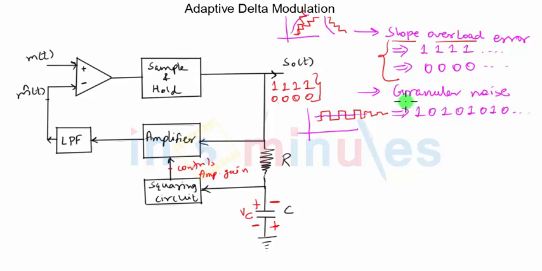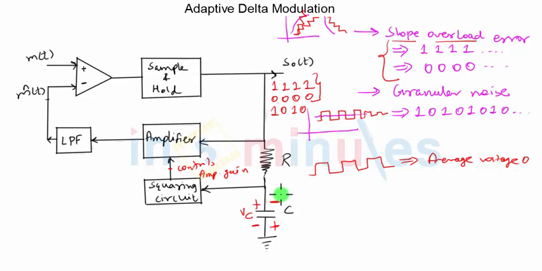In a case where granular noise is taking place, the output will be a continuous occurrence of alternate ones and zeros. So this means you have a positive pulse coming and then a negative pulse coming, positive pulse, negative pulse. Now if you give such a type of signal to the capacitor, the average value of positive and negative pulses will always be 0. So the average voltage will be 0.